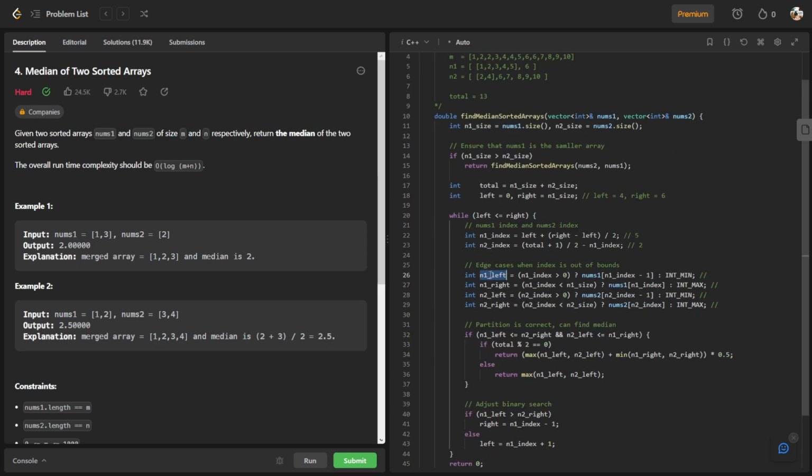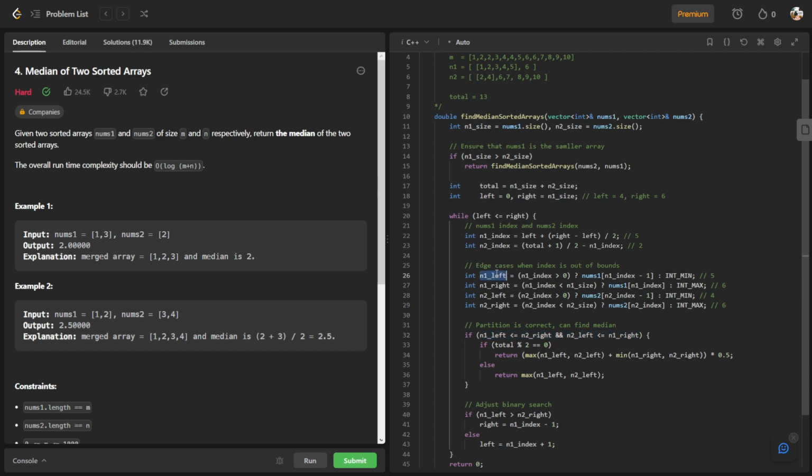Okay, after that, we count again. n1 left is basically here, which is 5. n1 right is 6. This is 4. And this is 6. Okay, now when we do this, we check again the partitions.